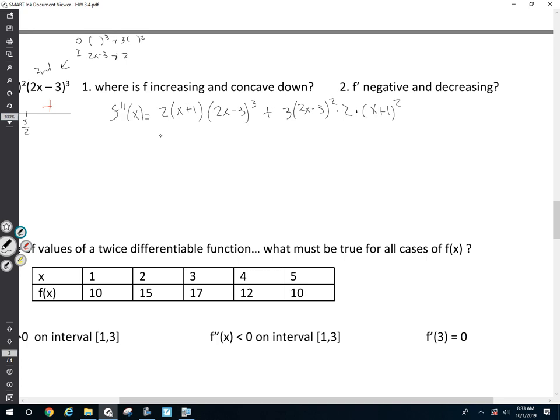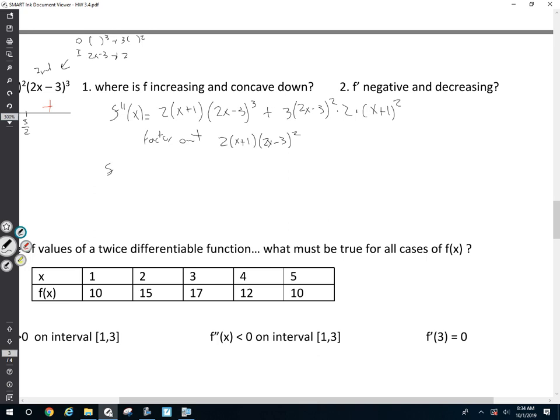Guess what, my friends? We need to factor. Let's see if it factors nicely. What can I pull out of this and this that is shared? They both have a 2 I can pull out. They both have an x plus 1 that I can pull out. And they both have (2x minus 3) squared. So I'm going to factor that out.